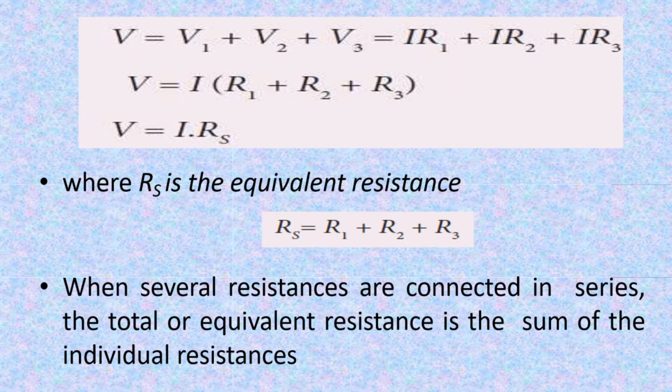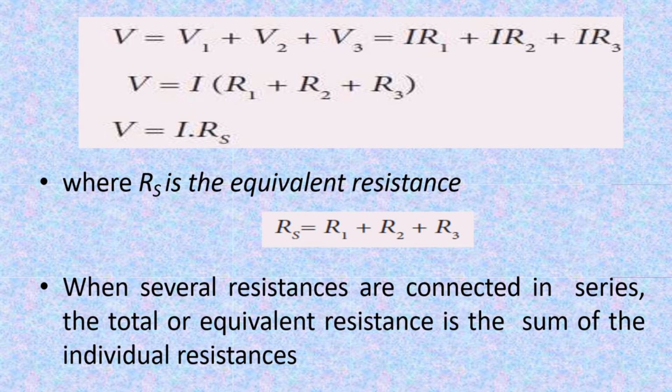And we can represent it like this. You can see that V is equal to V1 plus V2 plus V3. And we can write V1 as IR1, V2 as IR2 and V3 as IR3. Now you can see that I is the common factor among all those. So we take out I as a common factor, and the remaining R1 plus R2 plus R3 will be in the brackets, which can be replaced by Rs.